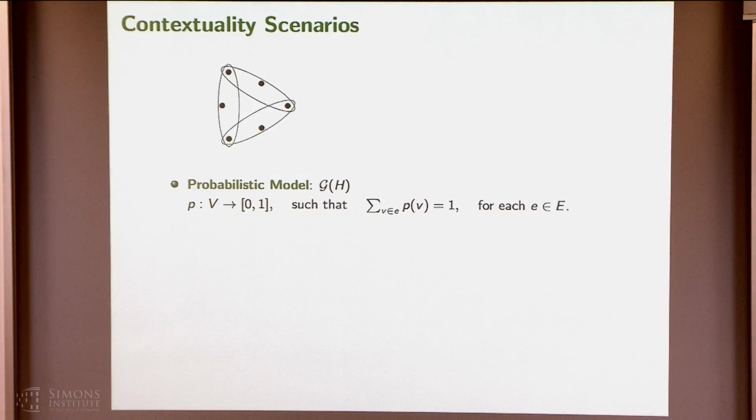For instance, this one here is a possible assignment of probabilities to this particular hypergraph that I depicted. The set of all the possible probabilistic models that satisfy these normalization constraints, because we would like the probabilities to sum up to 1 for each of the hyperedges, is what we call the set of general probabilistic models. And they actually form a polytope.